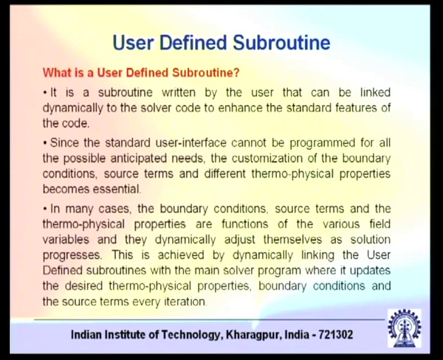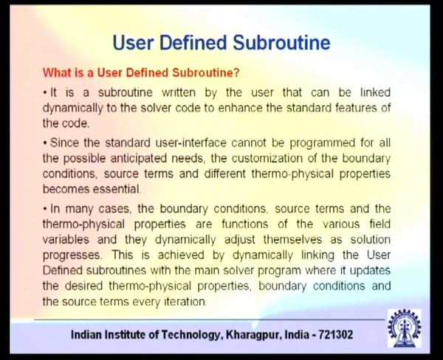Since the standard interface cannot be programmed for all possible anticipated needs, somebody who develops a CFD code develops a standard interface, either a graphical interface or a programmable interface, but that cannot be customized to all possible needs, because different problems may have different intricate features with the governing equations, boundary conditions, etc. In different cases you require to customize the boundary conditions, source terms and thermophysical properties.